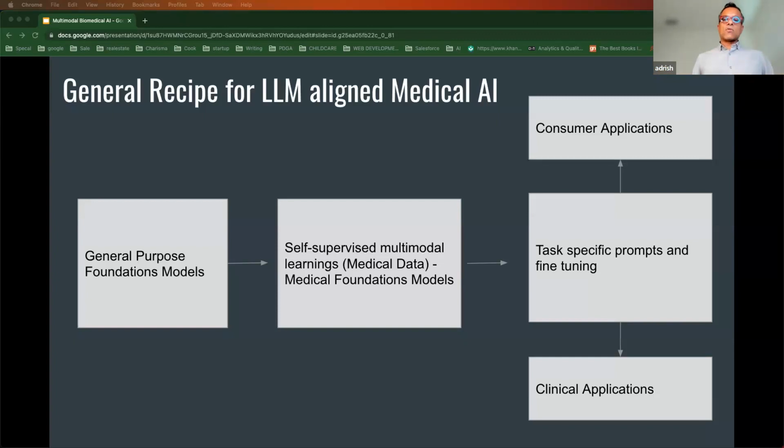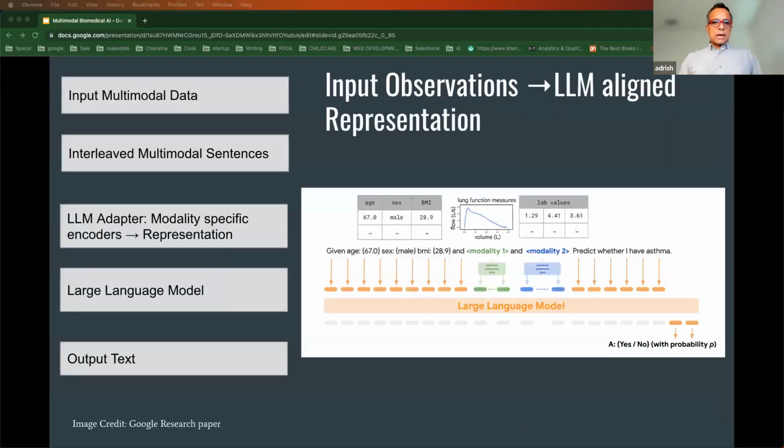So that's the overall recipe. Everybody's building on top of something, either a closed model like GPT-4 or PaLM from Google, or they're taking some open source like Llama or Flamingo, etc., and then building on top of that model. So this is a common recipe that I've seen.